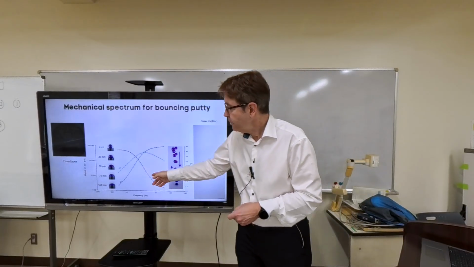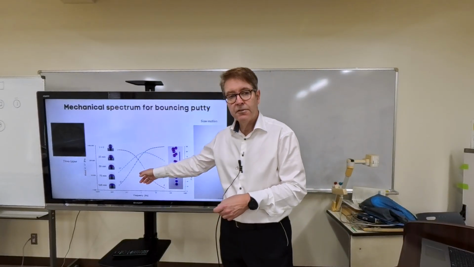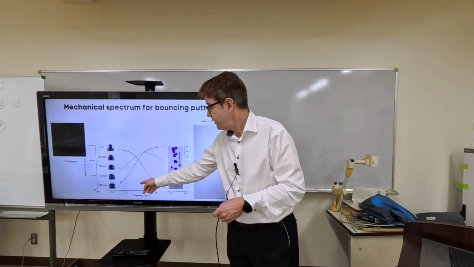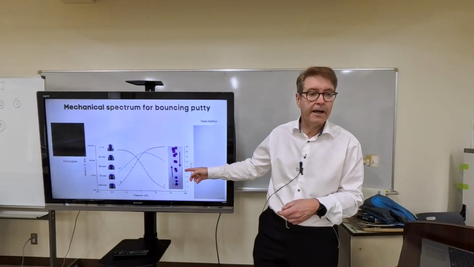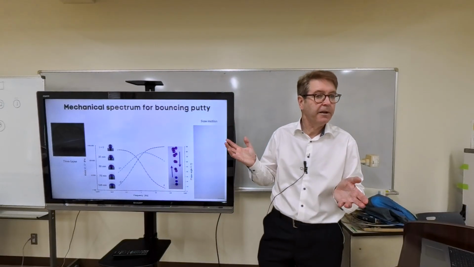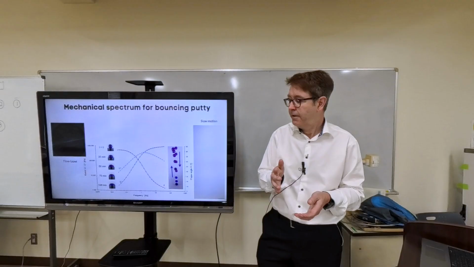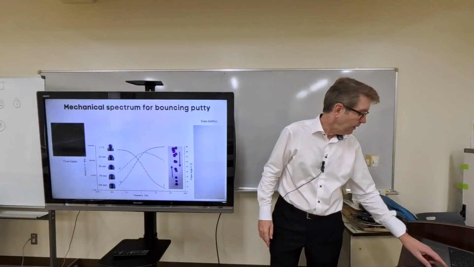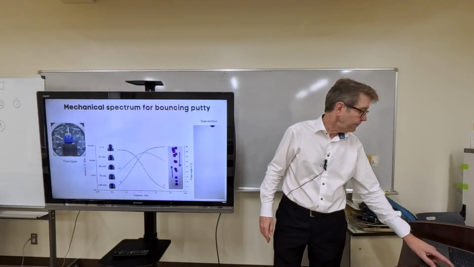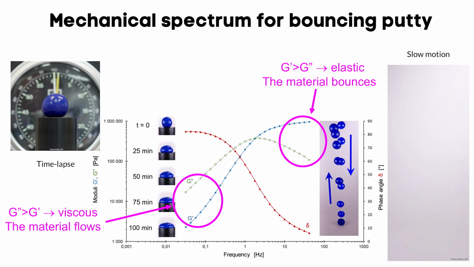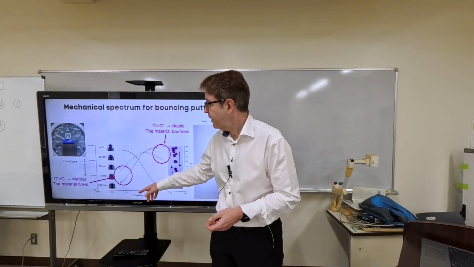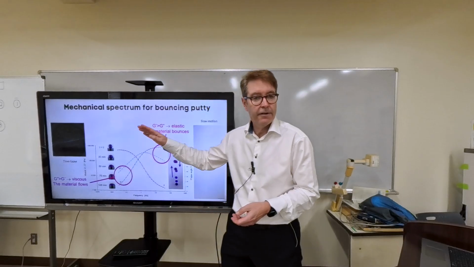And you can do a measurement where you measure these two moduli and you change the frequency. And you call it a mechanical spectrum. It's like a light spectrum, really. You change the frequency. So if you do something fast, then it bounces. So high frequency is like fast. And then this elastic modulus is much higher. If you do it slow, it's the viscous modulus that is higher.